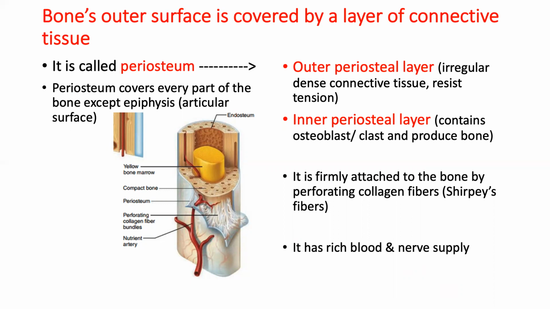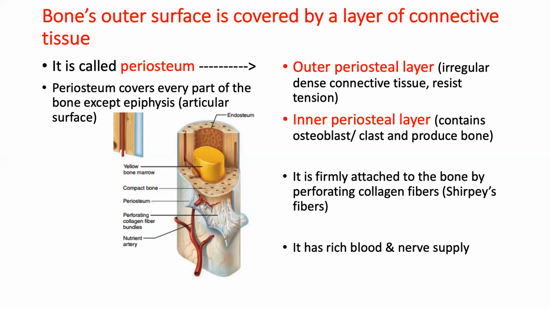Outer periosteum is very dense, irregular connective tissue, which is going to resist force. The inner periosteal layer contains lots of blood vessels, lots of cells like osteoblasts and osteoclasts, and therefore it is going to support the bone, provide nutrition for the bone, and make the bone stronger.